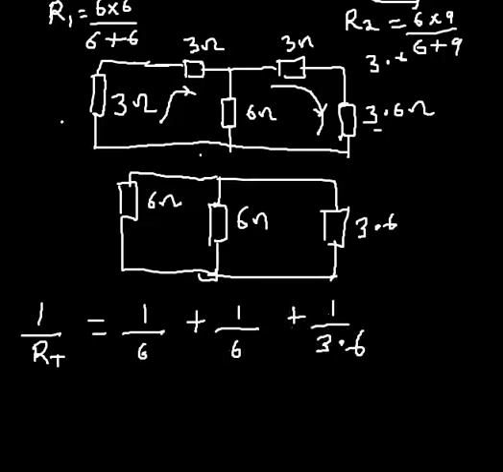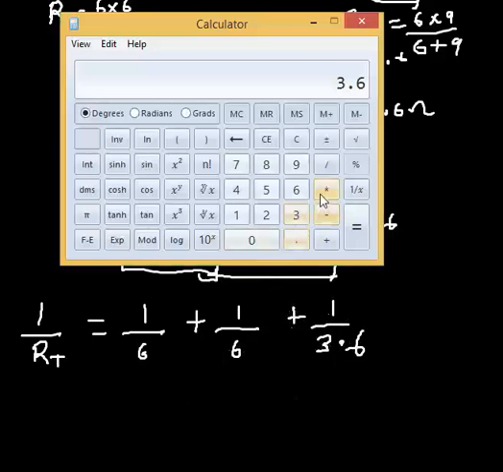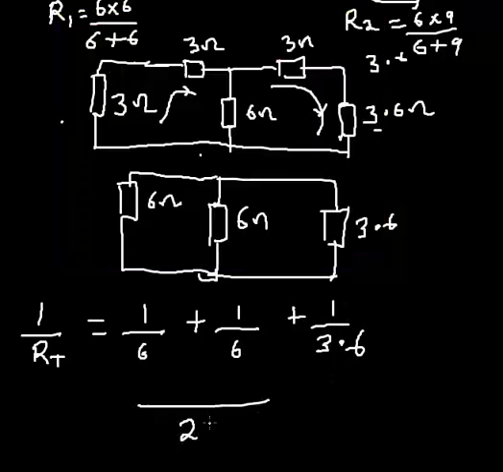So the LCM is 6 times 3.6. So that's 21.6. So 21.6 divided by 6, I have 3.6 here, plus 3.6, then of course plus 6.